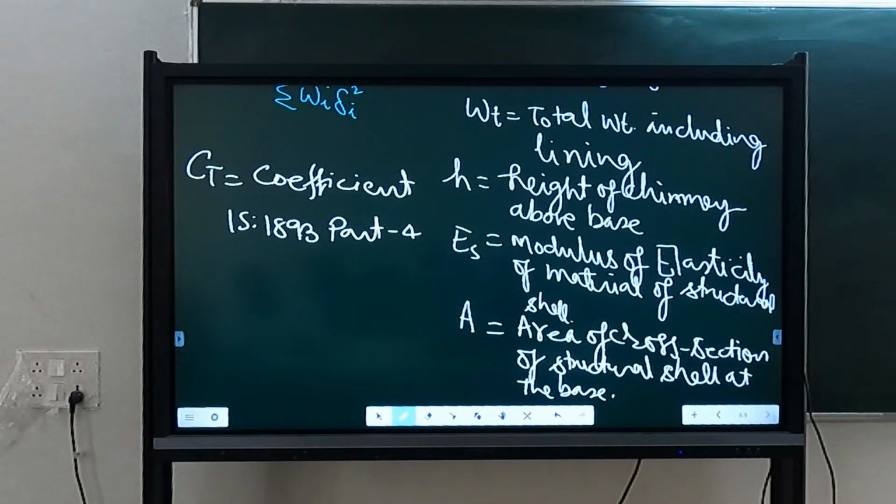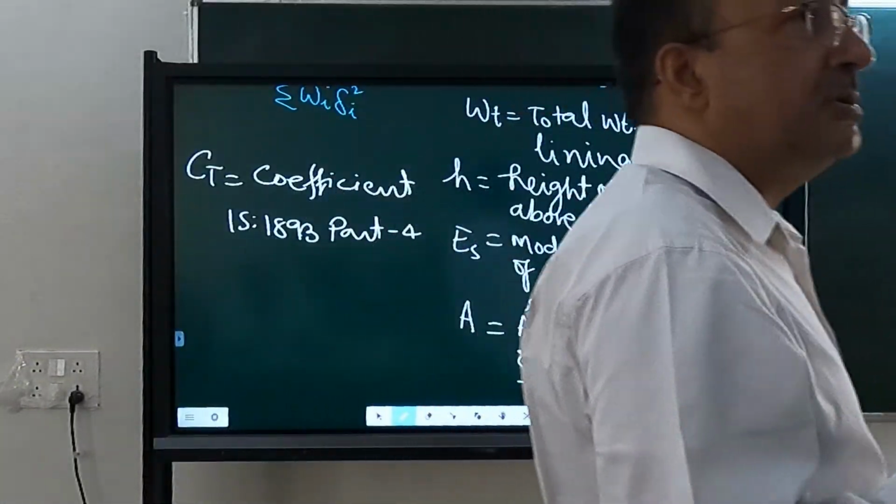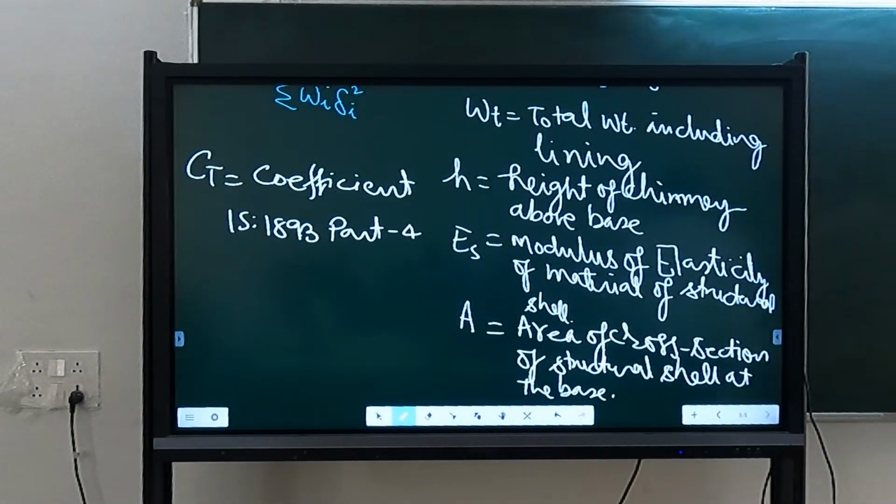Damping depends on amplitude. Okay, even material damping. If the structure is vibrating with small amplitude, the damping will be less, even in an elastic range. I am not talking of hysteretic damping. In the elastic range also, the damping depends on amplitude. The larger the amplitude, the more the damping, because larger amplitude develops more strains.